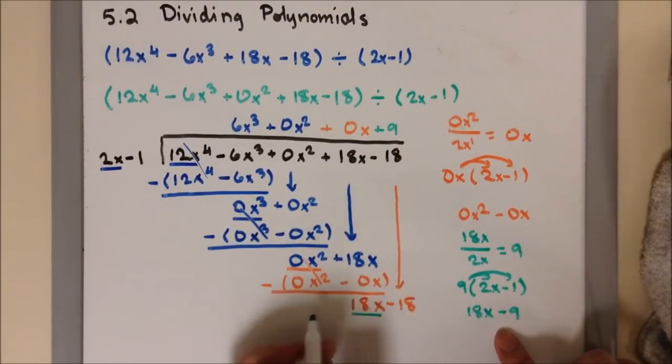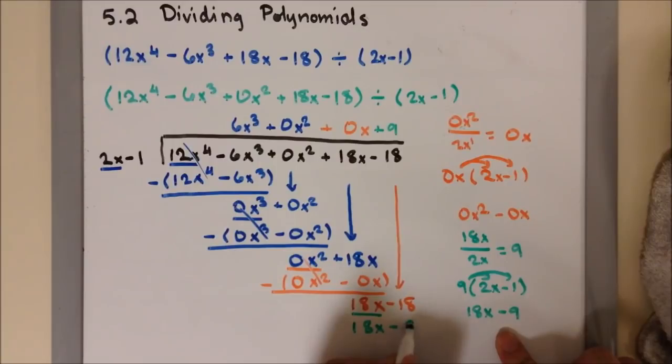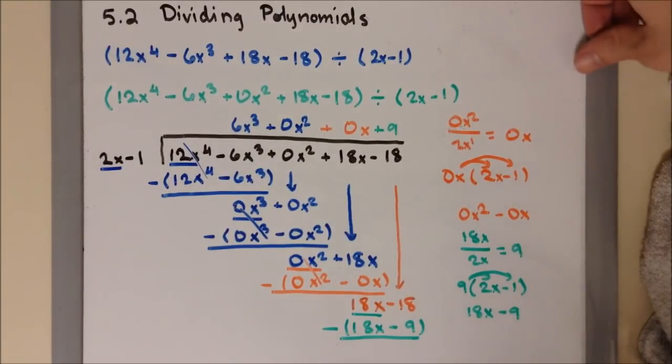Alright, so I'm going to bring it over here. Parentheses with the minus. Alright, so when I distribute the minus to this 18x, it's going to be 18x minus 18x, so this will cancel out.